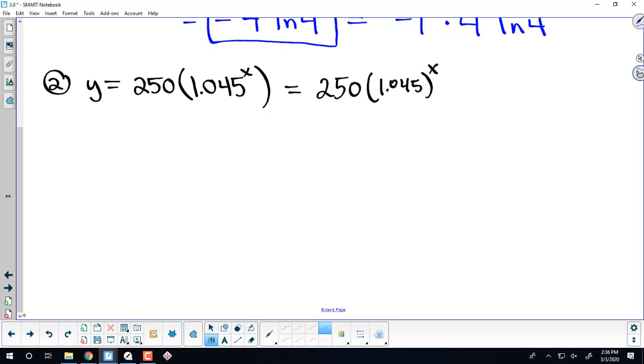So this time we have a constant 250 times the function of x, 1.045 to the x. So when we take the derivative here, that 250 is pulled out front of the derivative. So it's really 250 times the derivative of our exponential.